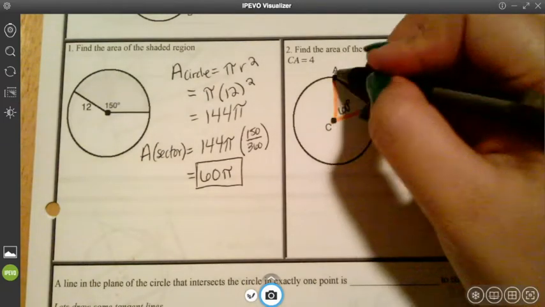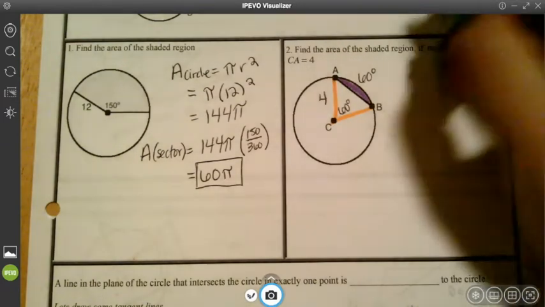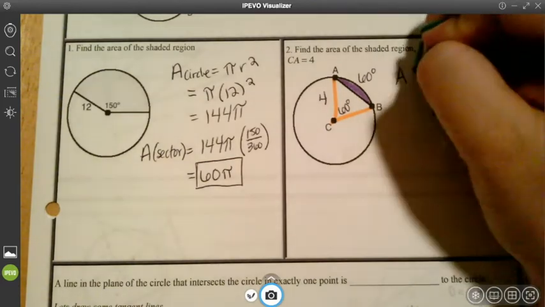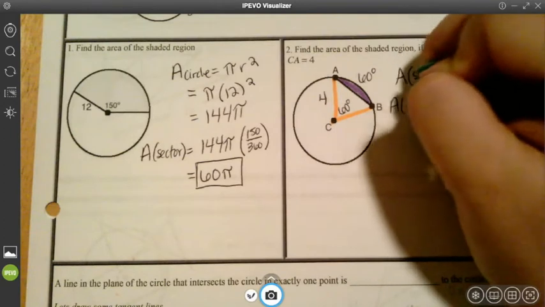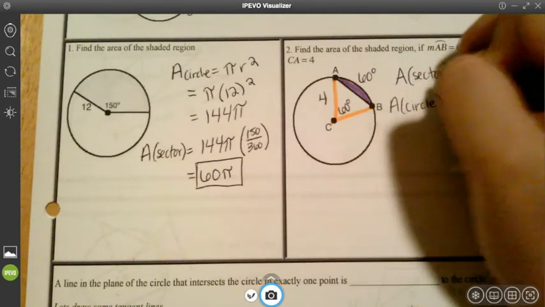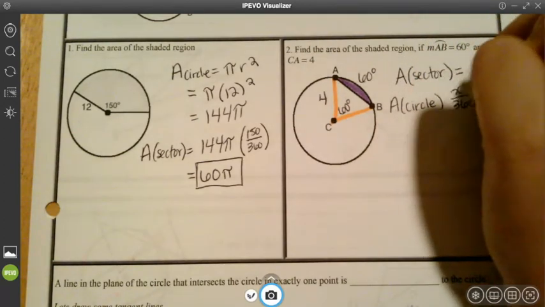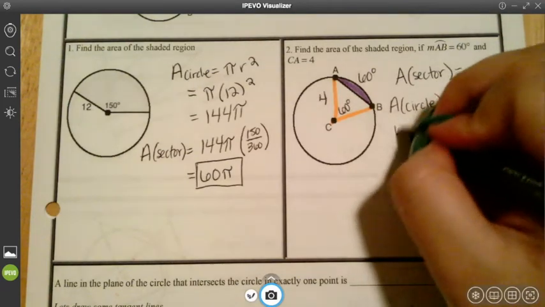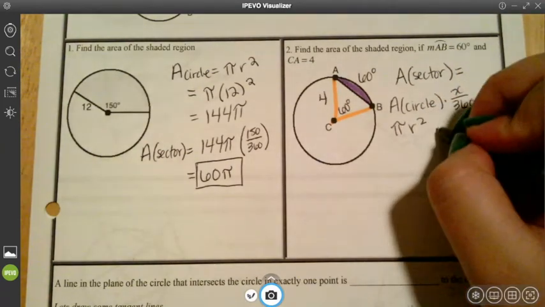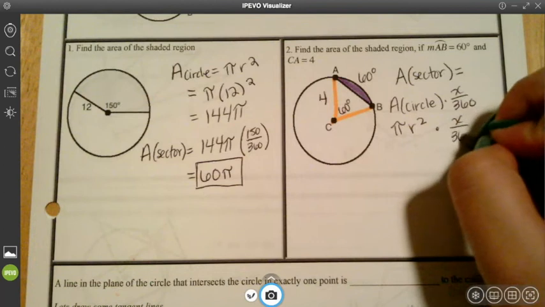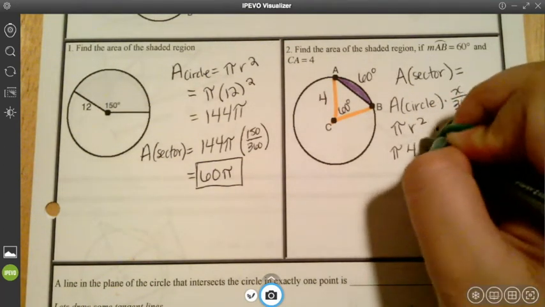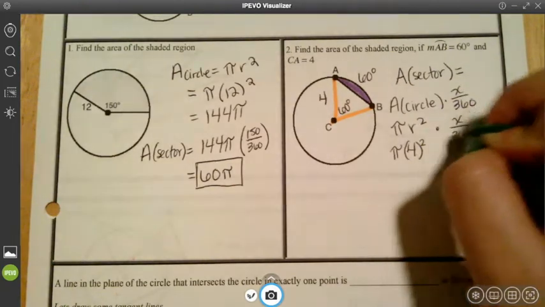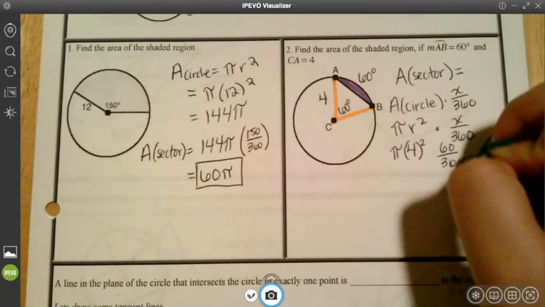And we know that the measurement of CA is 4. So we need the area of the sector, which is the area of the circle times x over 360. Area of a circle is pi r squared times x over 360. Radius is 4. Pi times 4 squared. X is 60 over 360.